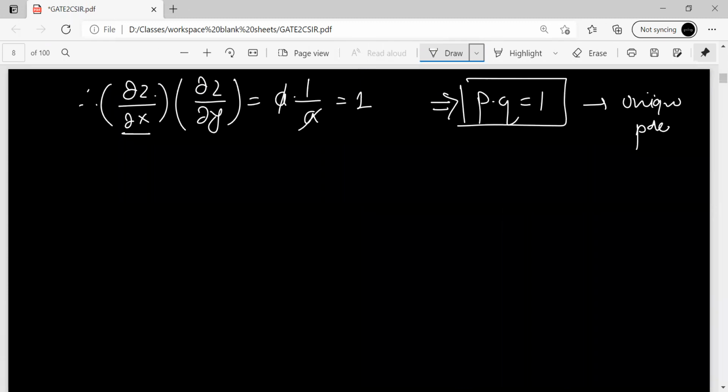And now I hope you got the idea to eliminate constants. So we will solve a few more problems for eliminating the constants. All right, some more examples to eliminate the constants.